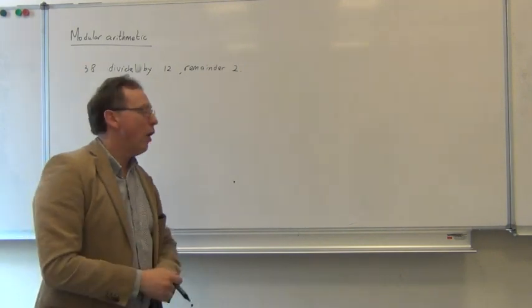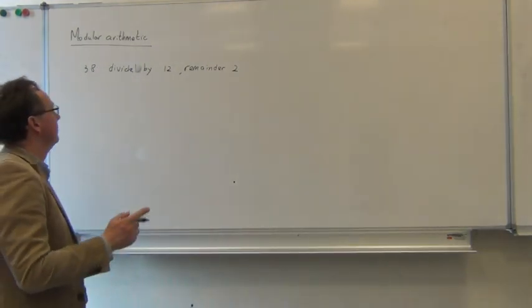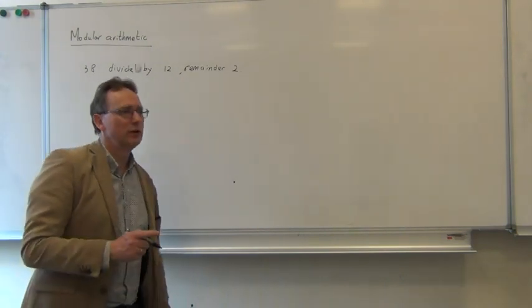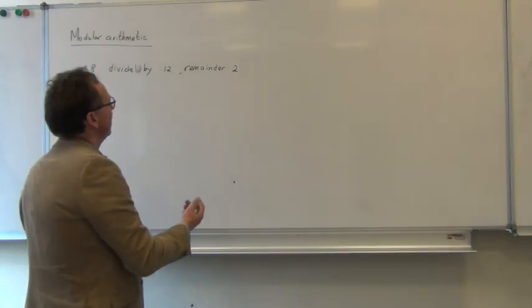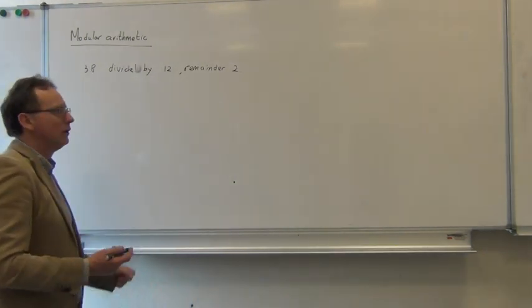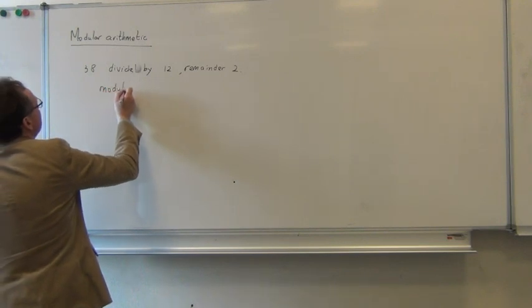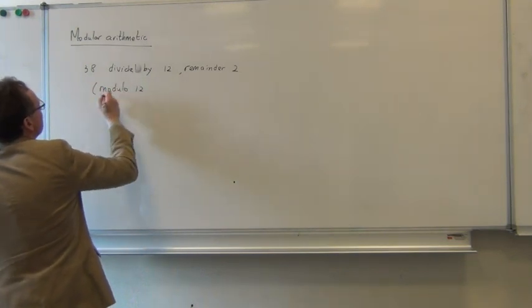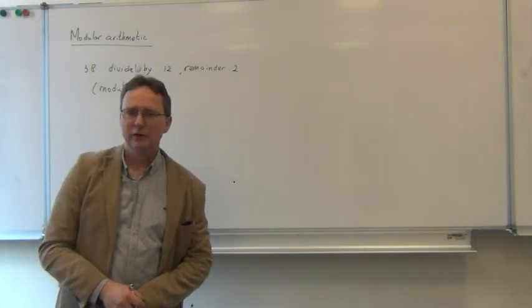But that's not the only number that gives remainder 2 when divided by 12. For example 14, or 26, or 122. So we say these numbers are 2 modulo 12. That's the base for this kind of arithmetic. We look at the different possible remainders.